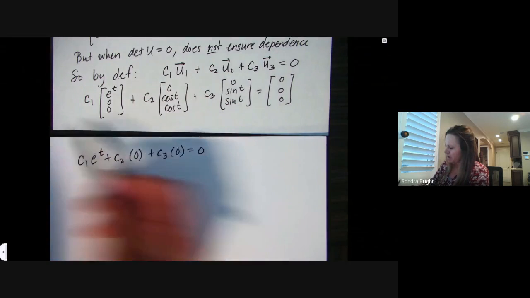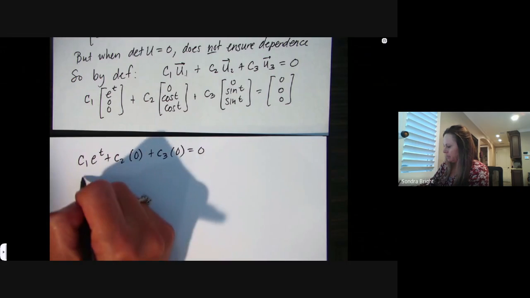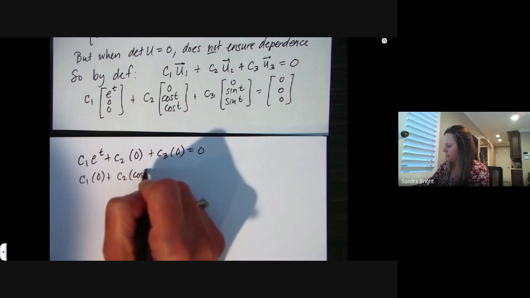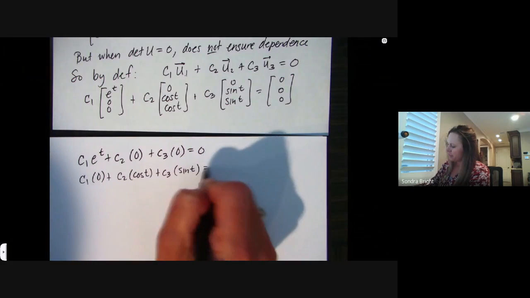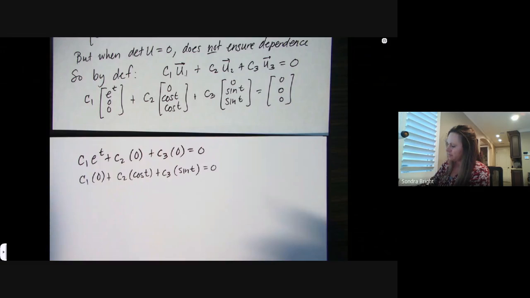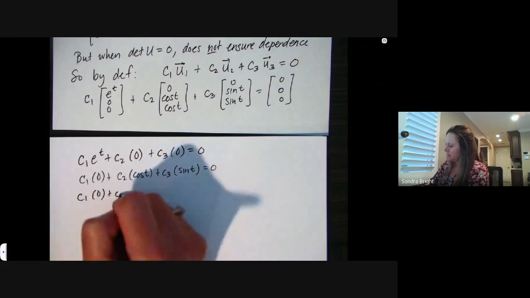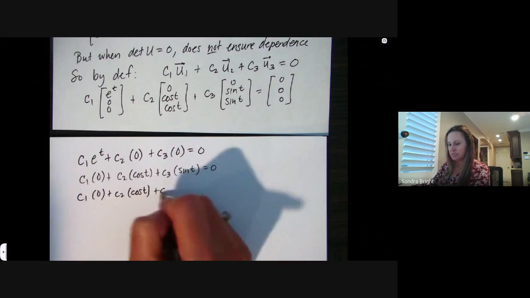Second row would be 0 times C1 plus C2 times cosine of t plus C3 times sine of t equals 0. And then the third row would be C1 times 0 plus C2 times cosine of t plus C3 times sine of t equals 0.